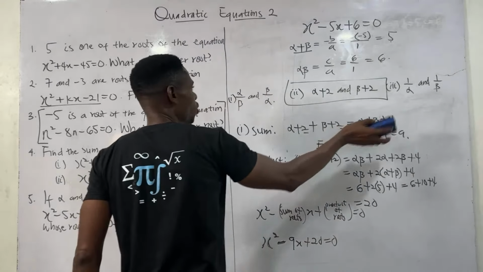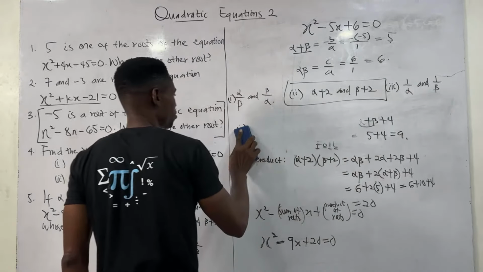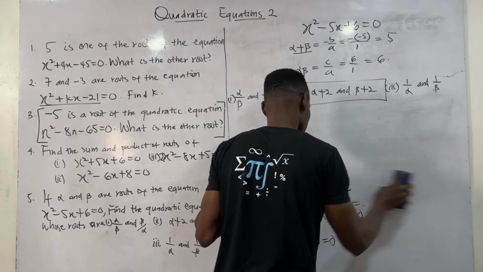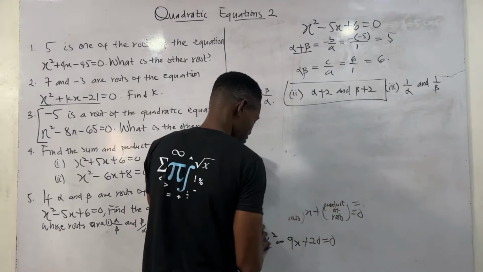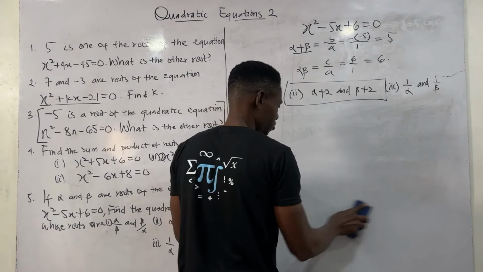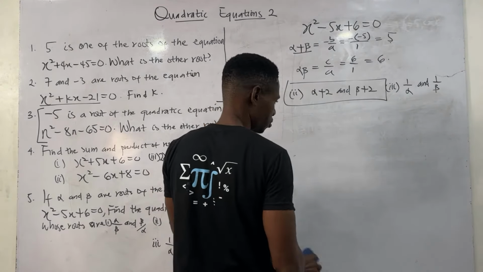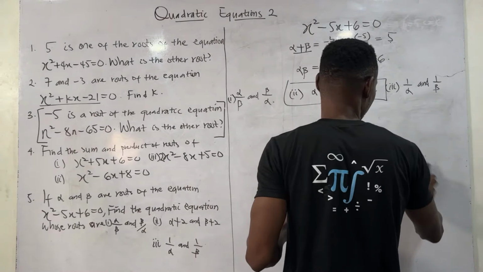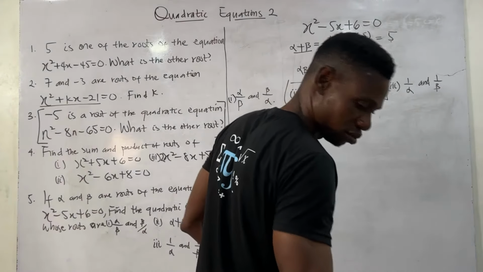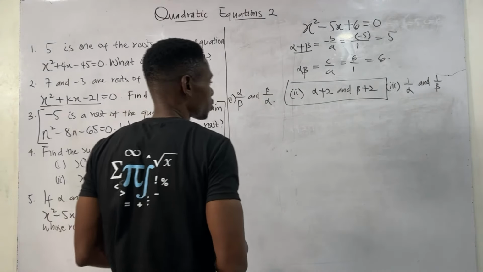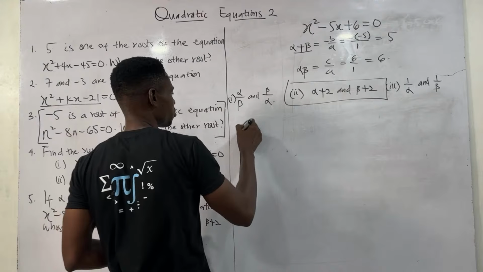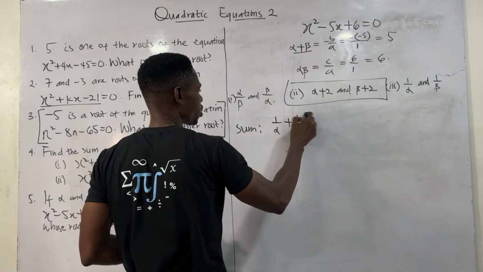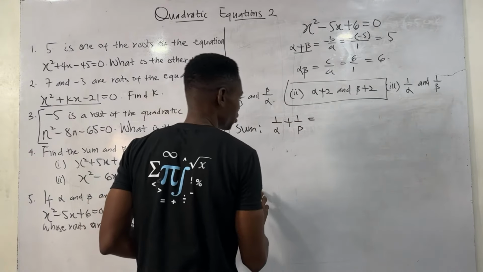Okay, so when I want to solve this, okay, so sum, we have 1 over alpha plus 1 over beta.